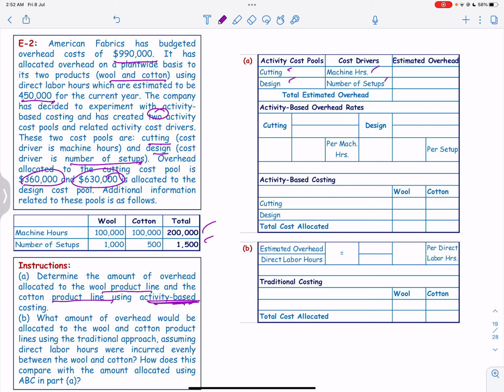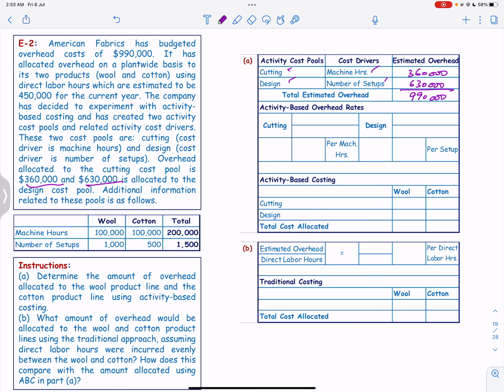The estimated overheads are 360,000 and 630,000, that gives us 990,000.